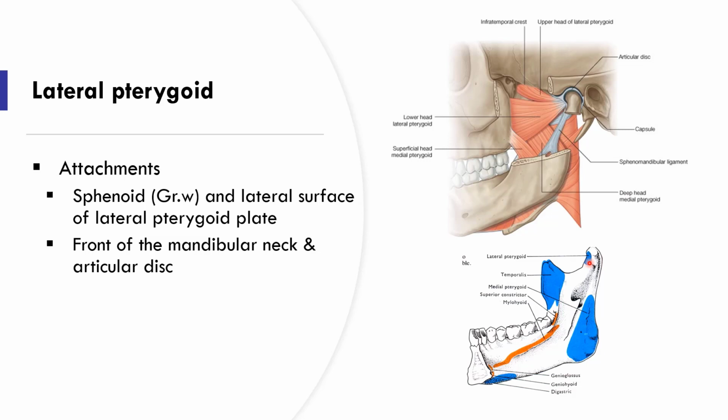And some of the anatomists have thought that its insertion is also extending into the intra-articular disc, which we will see in a while when we learn temporomandibular joint. And this muscle is doing protraction and depression. So when these muscles are contracting on either side, that will pull the mandible forward, and that will do protraction, and it will also help in depression.